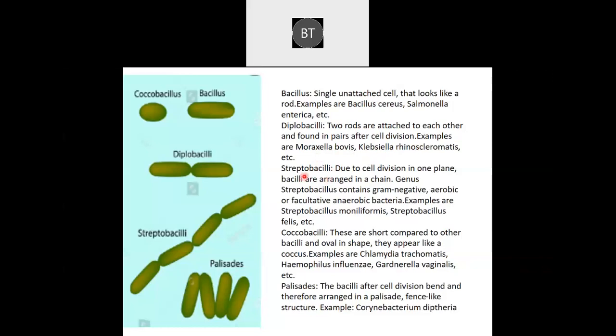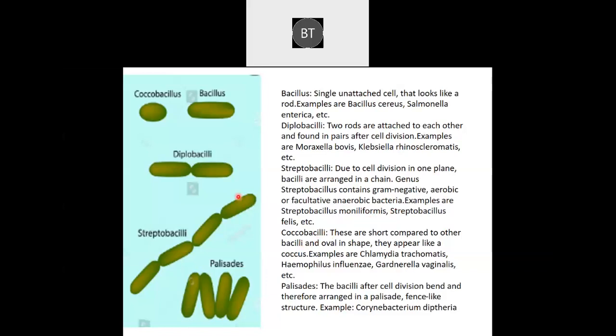Streptobacilli, due to cell division in one plane, are bacilli arranged in a chain form. The genus Streptobacillus contains gram-negative aerobic or facultative bacteria, and other examples as you can see here.